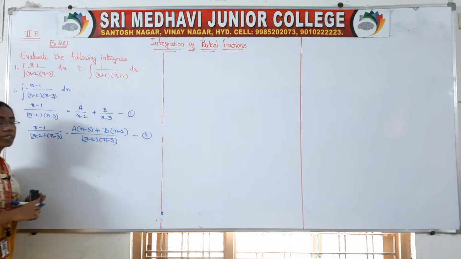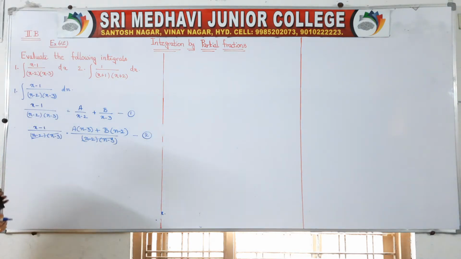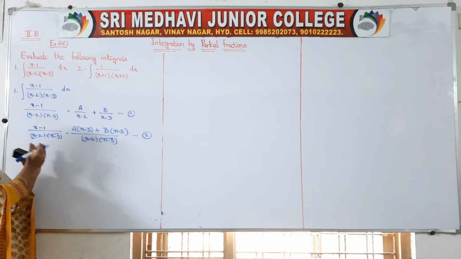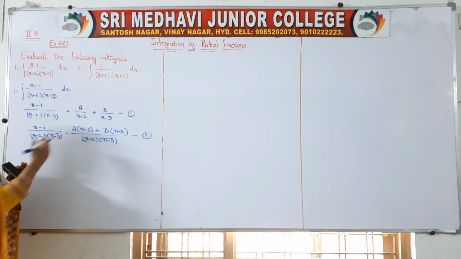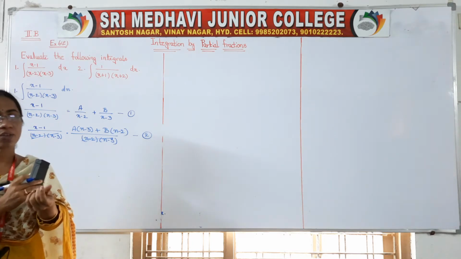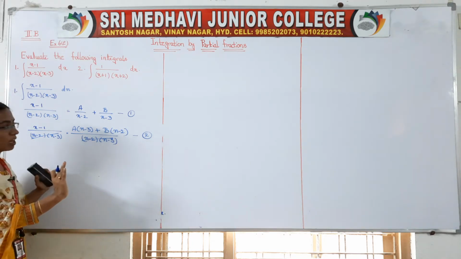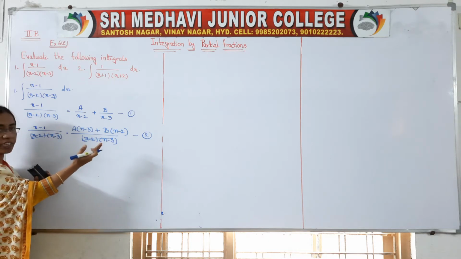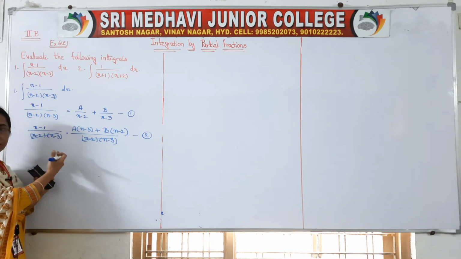You consider that as equation number 2. So in this equation number 2, now you select such an x value so that one value will get cancelled, and we can get the other value. Here values means we have to get A and B values. Select x in such a form that we can cancel any one. Suppose A is cancelled, we will get B. B is cancelled, we will get A.